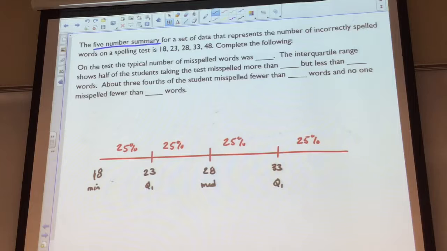And then the value of 48 out here gives us the maximum value.